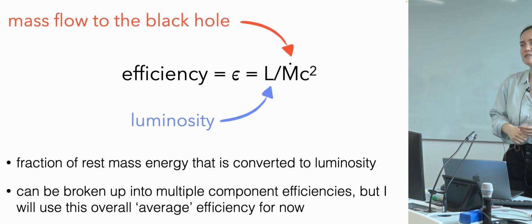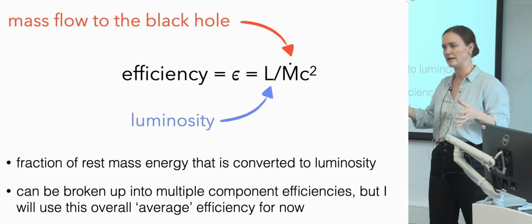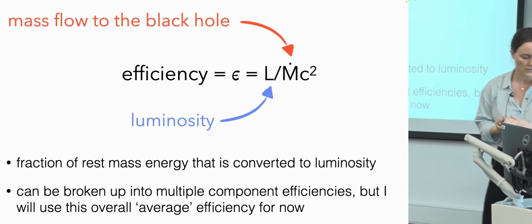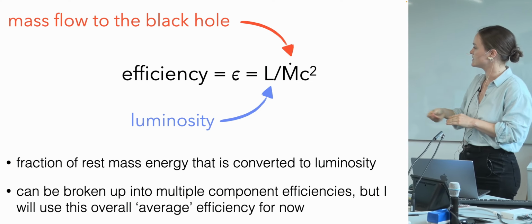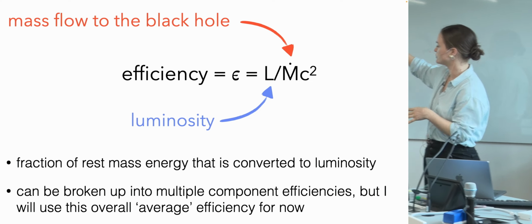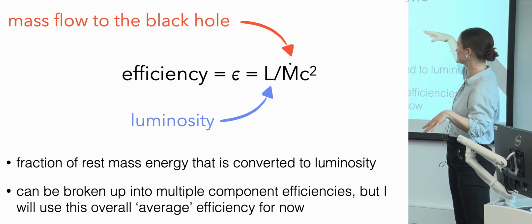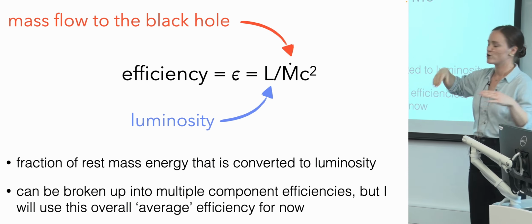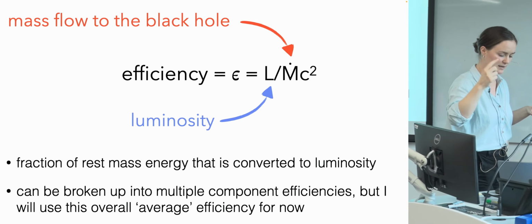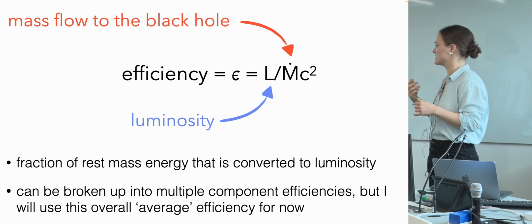And so I did some estimates of the efficiencies of the luminosities in the entire light curves, which have uncertainties with the stellar mass and the efficiency, but before I show you some of those results, I just want to define the efficiency I'm using here. Basically, here I'm saying that the efficiency is just the total luminosity divided by m dot c squared, where m dot is the incoming mass fraction.